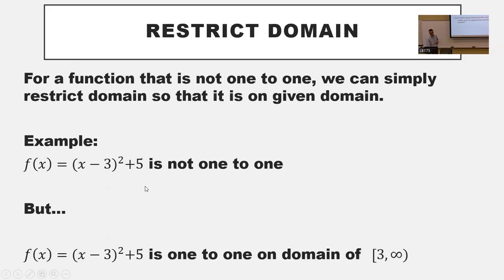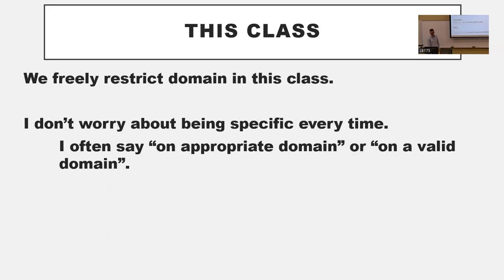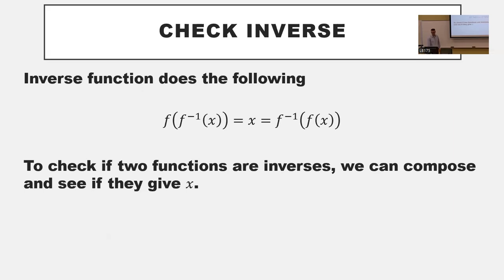So even in an example like this one, we'll be able to find an inverse, and we'll just say we're going to use from 3 to infinity. Or we're going to use an appropriate domain.